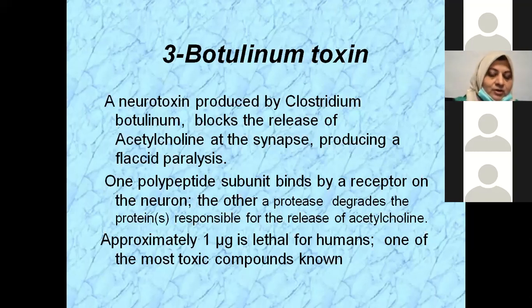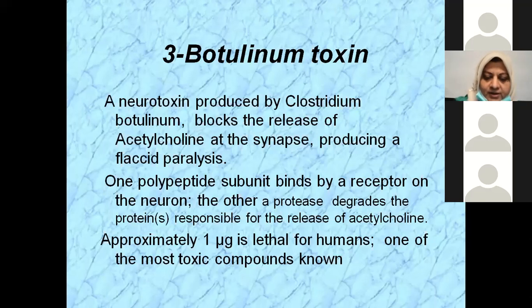Now please remember your physiology and anatomy also. You have done neurology, so I will not explain in more detail, but you should understand what happens at the synapses, and if acetylcholine is blocked, what happens? So it produces a flaccid type of paralysis.